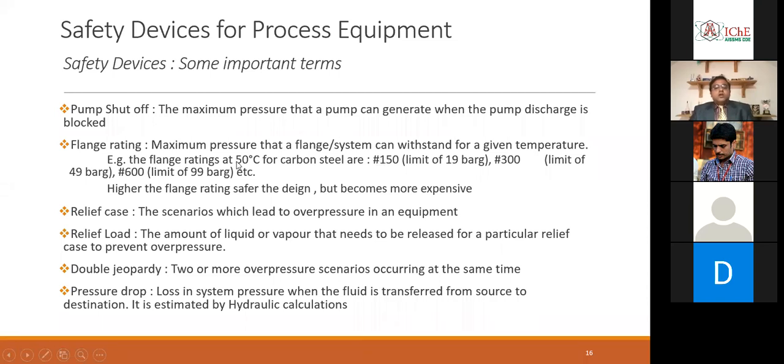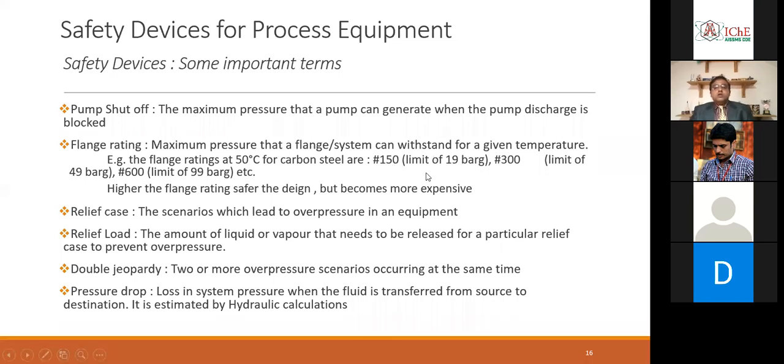So say if I say 150 pound rating pipe and it is a carbon steel, then for 50 degrees centigrade, that pipe can withstand up to a pressure of 19 bar gauge. So if suppose my pump shut off pressure is 17, I will choose a 150 pound rating line.